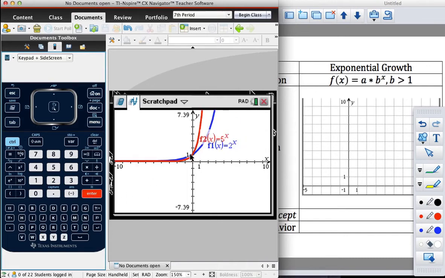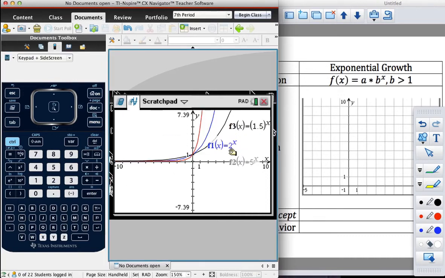It comes up here. But notice how both of these graphs intersect at 1, okay? And then let's do one more. Let's say we have, instead of 2, let's say we have just 1.5. Okay, 1.5 is still greater than 1, so we still have exponential growth here. So 1.5 raised to the x power, okay?